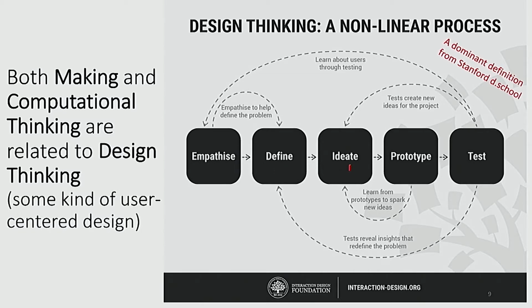Then you have to come up with ideas, build a prototype, test the prototype, and then when you test it, you can have new ideas and finally develop a product. This is just some sort of agile development methodology, but that is now being sold as design thinking, whether you like it or not, okay?